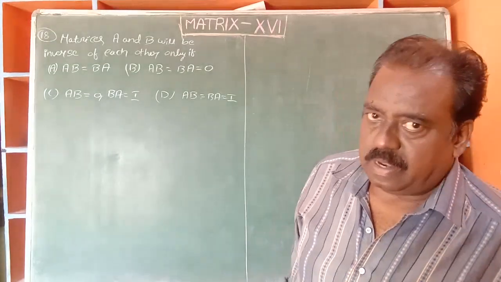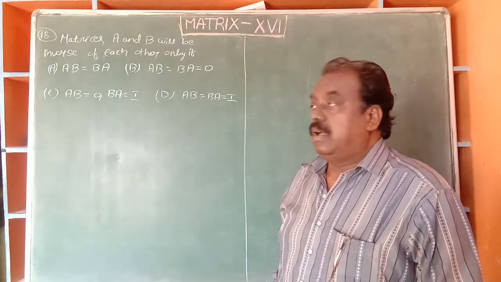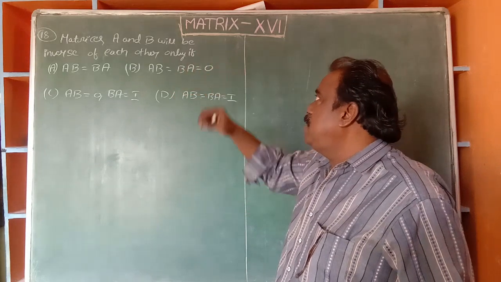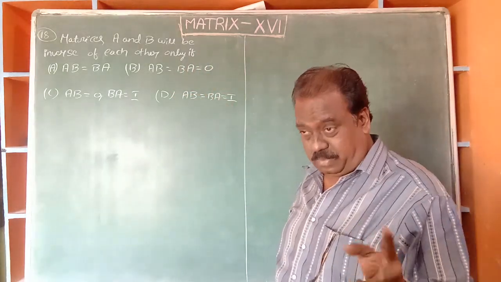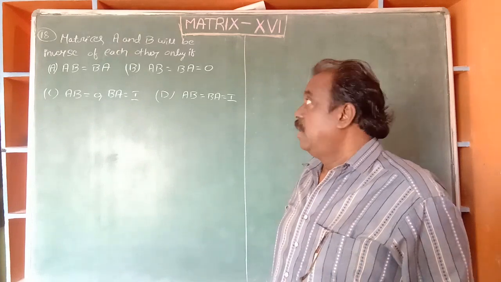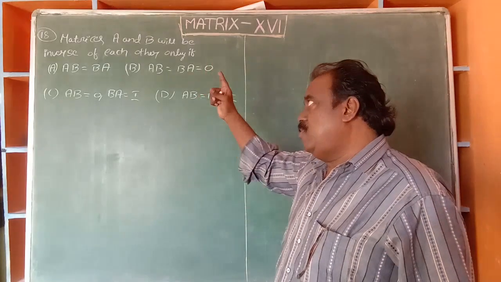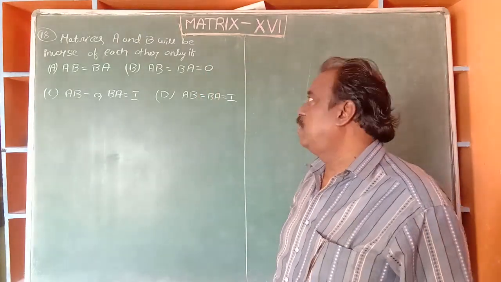Yeah, the last, 18th problem, that is the objective type question. The matrices A and B are inverse to each other. If they are inverse to each other, it means AB is equal to I and BA is also I. Okay now?